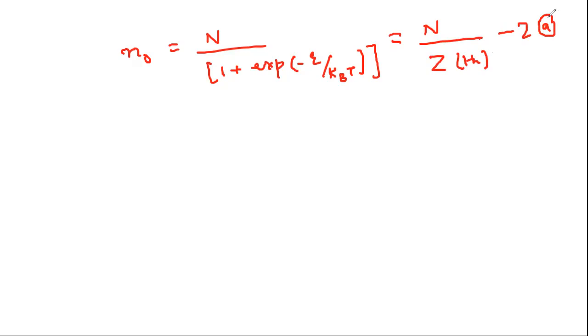Then we wrote the expression for N1, the distribution number pertaining to the J equal to 1 state.